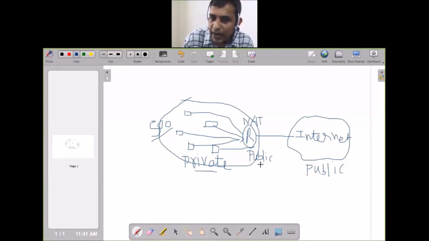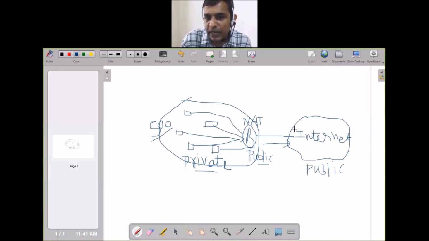It will convert the private address to the public address. From the router, packets enter the internet, and all the packets originating from our network, from all 500 machines, will contain the same IP address, which is put in the packet. So that will be sent in this direction.